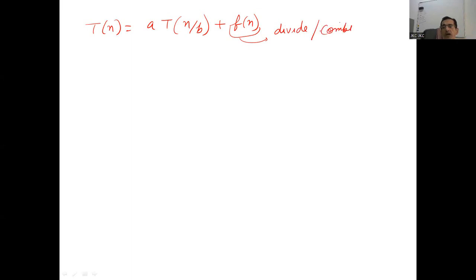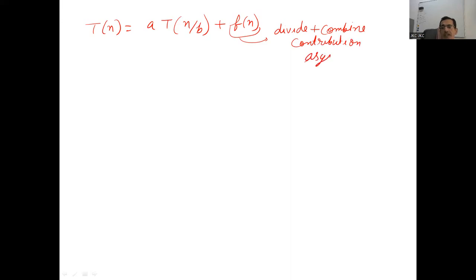So this theorem is mostly used to solve a problem that is recursive in nature. There will always be a contribution coming from the divide step plus the combine step, because both steps are non-recursive. So f(n) is effectively the contribution of divide and combine.